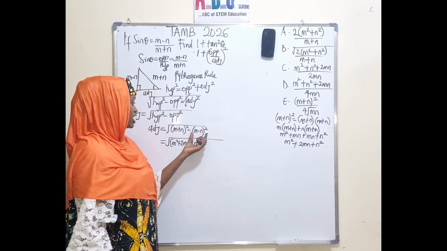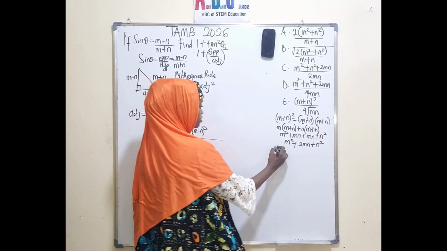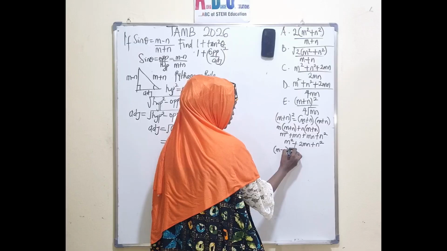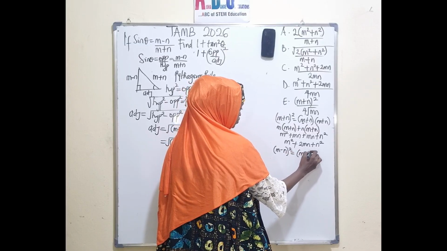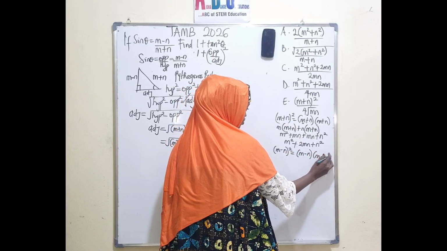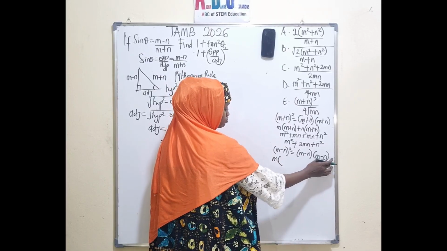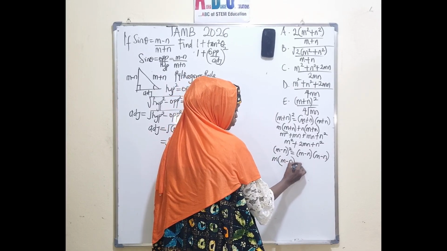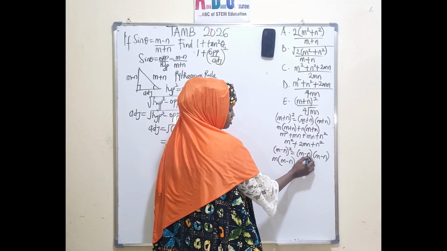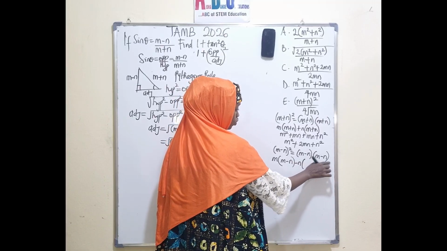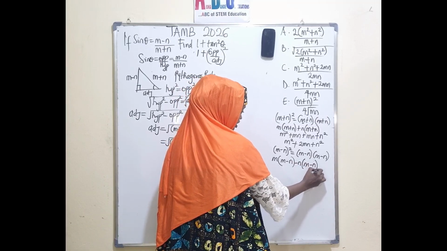minus. Now, let's expand the value for (m minus n) squared. So this also means (m minus n) in two places, right? So let's expand this. Pick the first term in the first bracket, multiply by the whole of the second bracket. The second term in the first bracket is minus n, multiplied by the whole of the second bracket, which is m minus n.